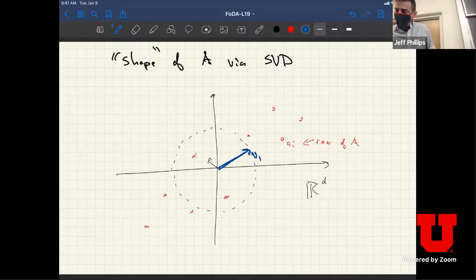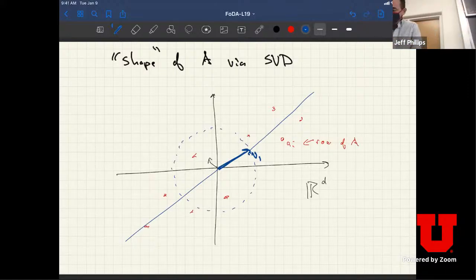This V1 is supposed to capture the main direction of the data. If I look at the variation from the origin, which direction is the data varying the most? That's what this is capturing.